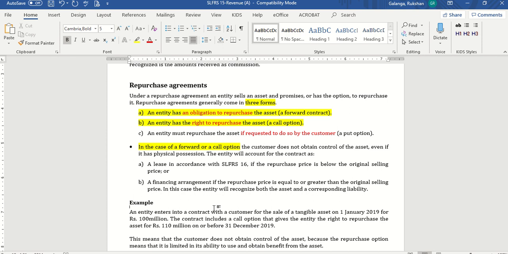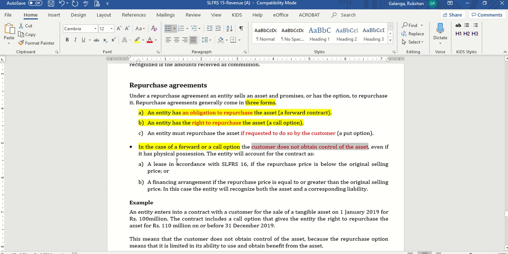In the first one, the seller has agreed to repurchase. In that case, the seller can't recognize that as revenue, because he agreed, I'm going to repurchase this from you. Second one, the entity has the right to repurchase. If it comes to a particular price, I have the right to repurchase. In the case of a forward or a call option, the customer does not obtain control. Remember, the customer does not get control of the asset, even if it has physical possession.